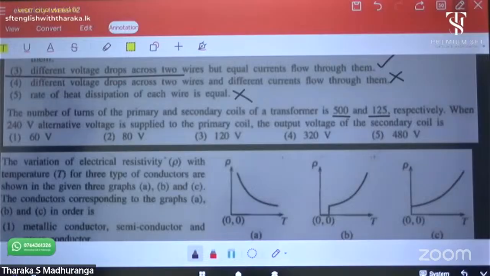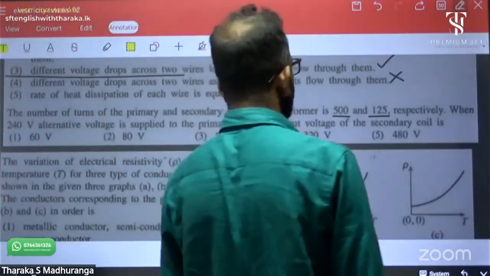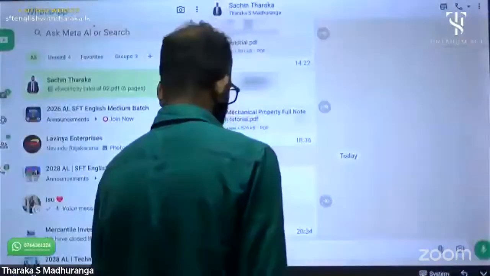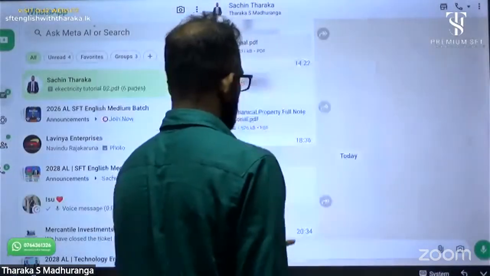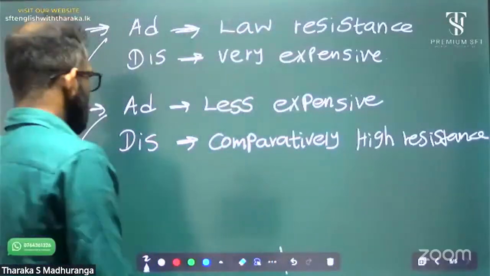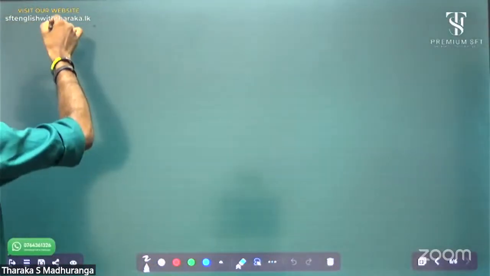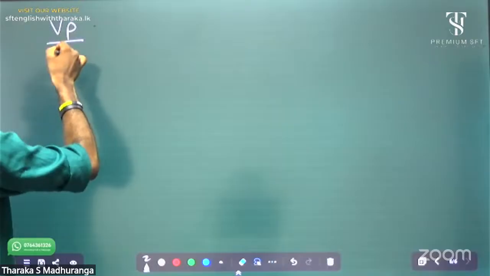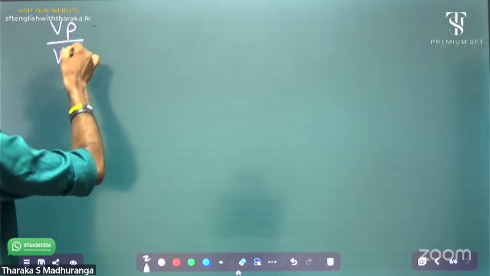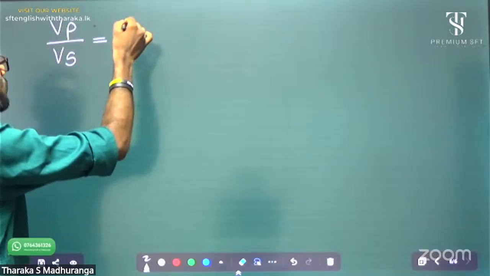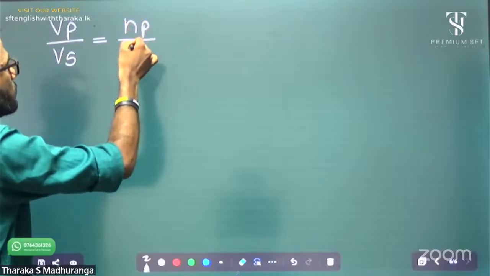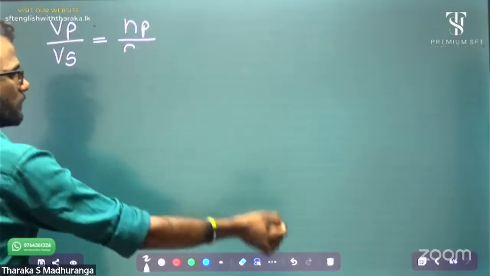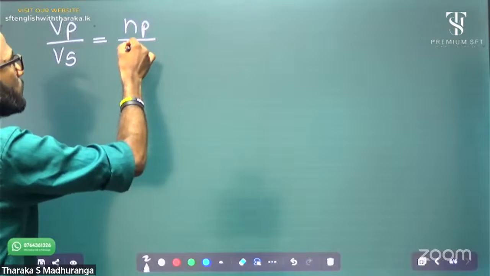The number of turns of primary and secondary is 500 and 125. What is the equation? Vp over Vs equals Np over Ns, the same side, no current involvement.